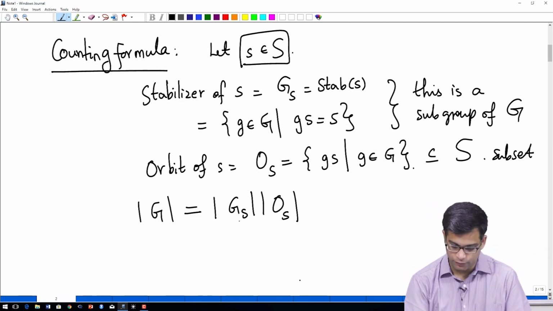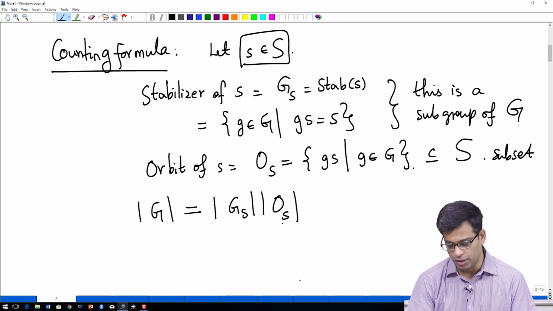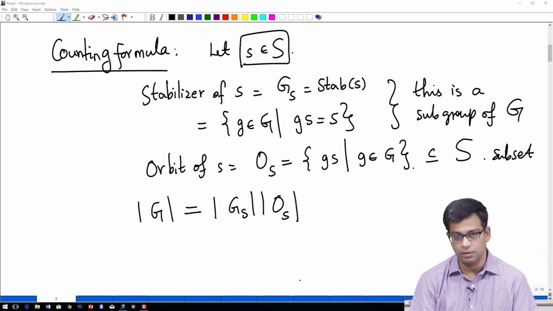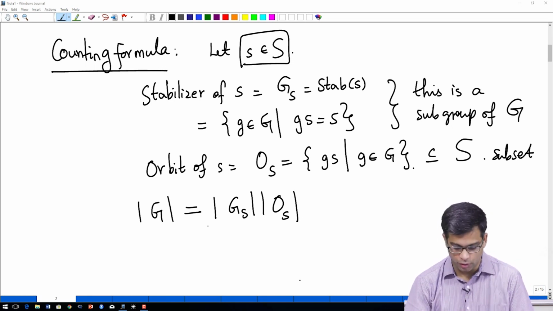You take the order of the subgroup G_s and multiply with the number of elements in the orbit, you get the order of the group.